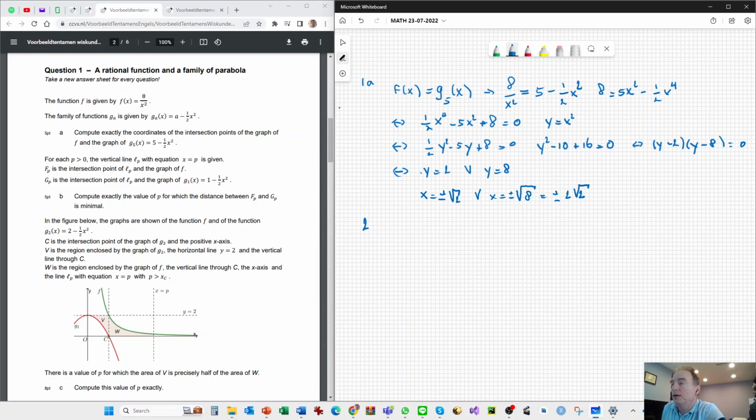Now, since it's an absolute value, you actually need to know the sign of these functions. But let's have a look. This a is 1.